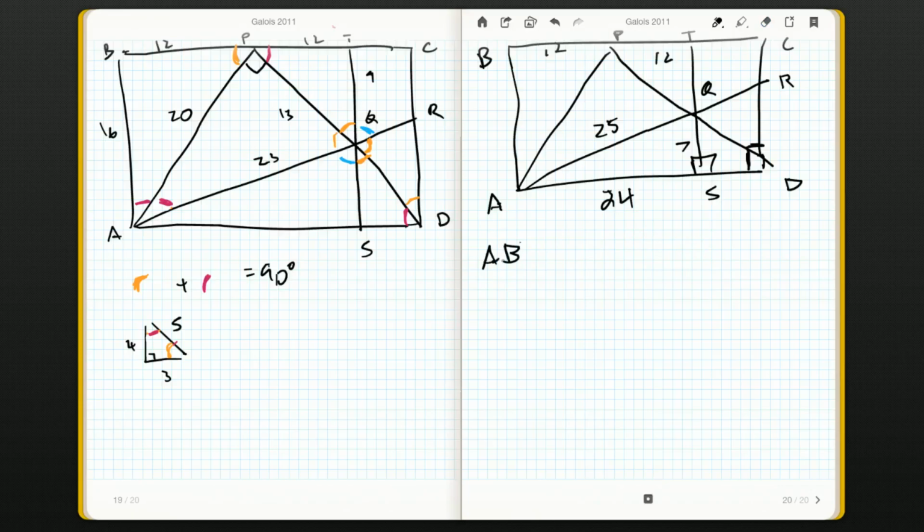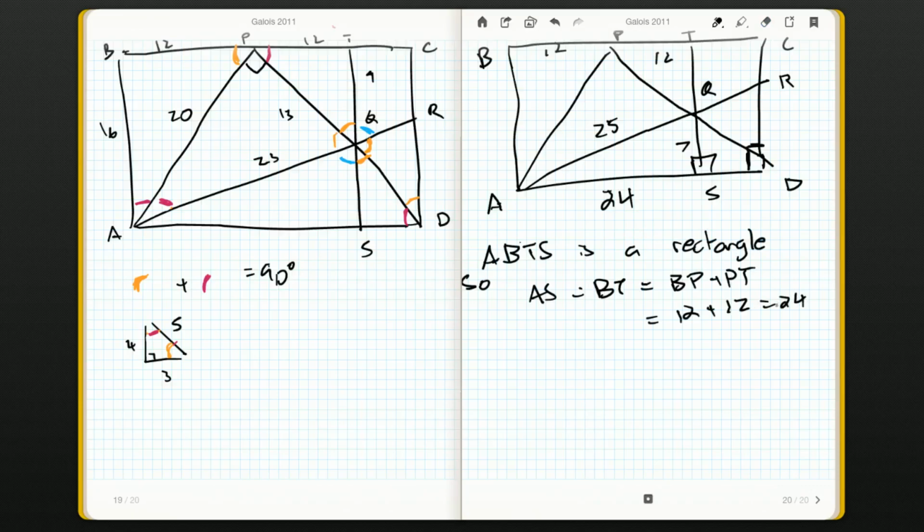So I know ABTS is a rectangle. So AS is equal to BT, which is BP plus PT, which is 12 plus 12, which is 24. Okay. Now AD, well, that's split up as AS plus SD. So that's 24 plus 9 1/3.